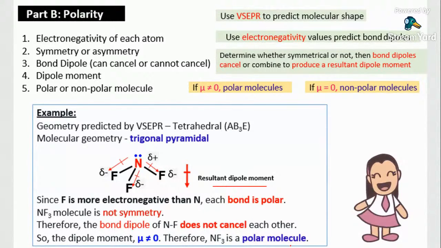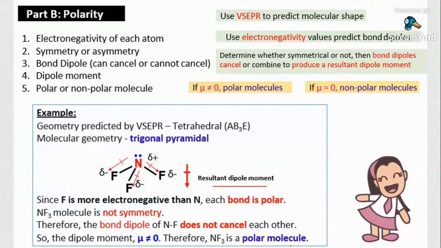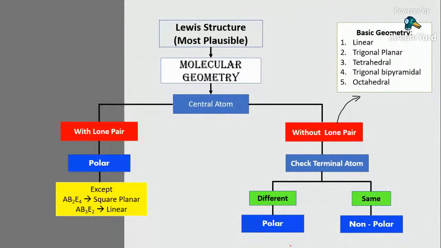Actually, there are some tips to share over here. We check this slide. I always tell my student, normally when you draw a structure without lone pair, it's referred to as the basic geometry: linear, trigonal planar, tetrahedral, trigonal bipyramidal, and octahedral.